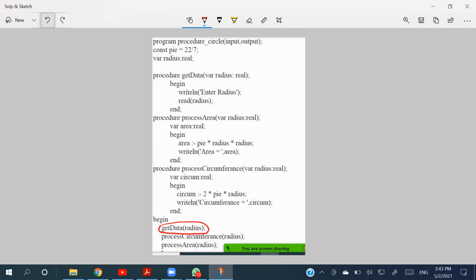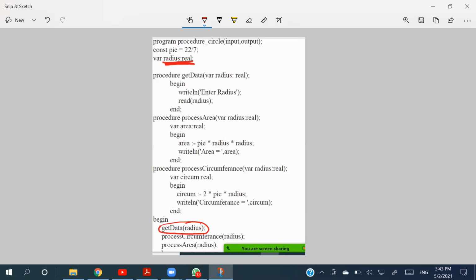So now what they are trying to do, the purpose of this procedure, is they are trying to take the radius, and take something into the radius variable. For that purpose, first they have declared there is a variable called radius, right?